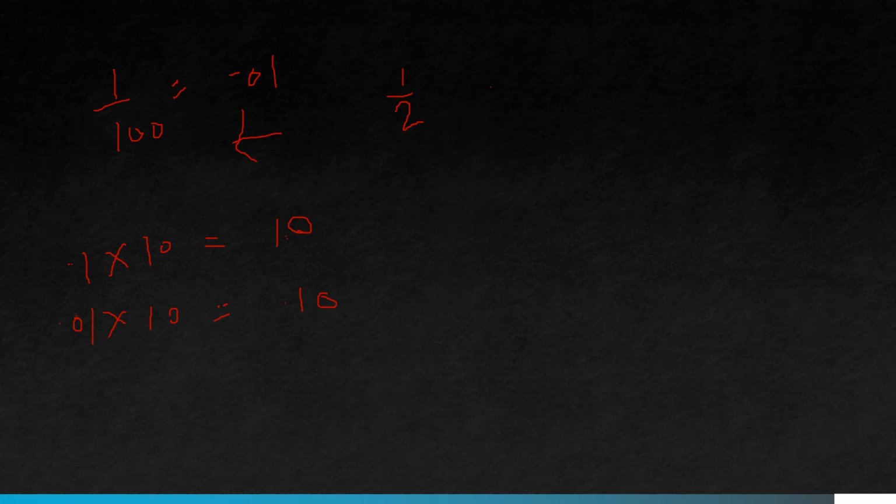Okay, so 2 and 1, right? We cannot divide 1 by 2 directly. So what we can do, you can put one decimal and place 1 0 over here. Now 2 5's are 10, right? 10, and there is nothing remaining. So what will be the equivalent decimal for this? 0.5.